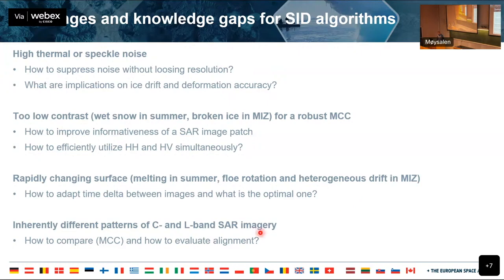And when we work with different frequencies, there are inherently different patterns in C and L band imagery. So MCC doesn't work always very well, and the alignment of the L and C band images need to be somehow evaluated with a new metric.